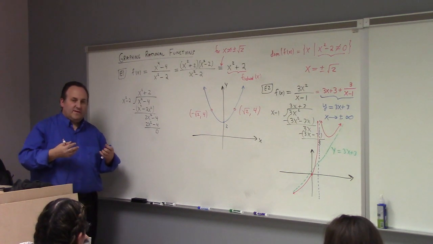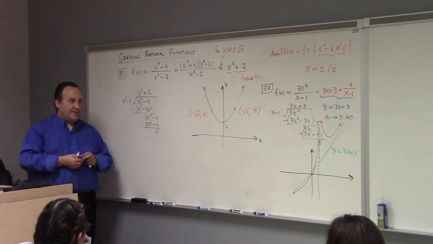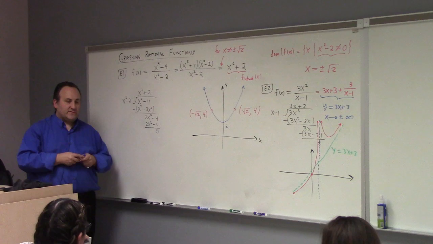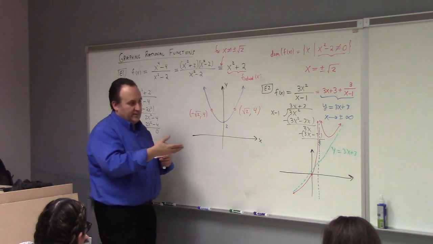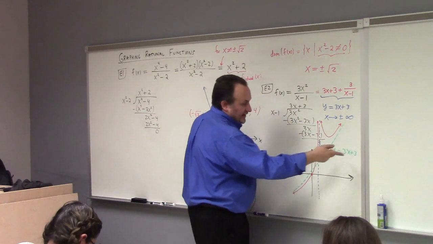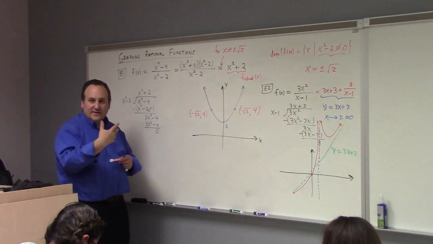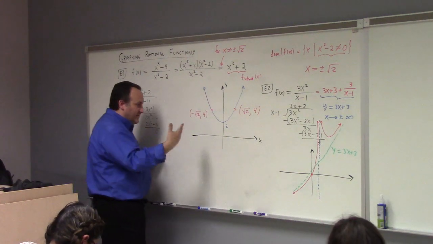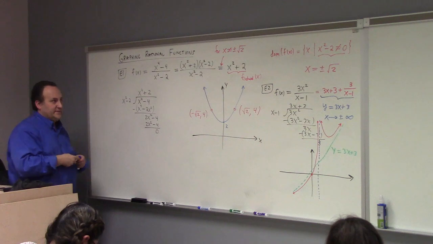And then also the graph has to get sucked into the asymptote when x goes to plus or minus infinity. For this one, the asymptote is actually the green line, y equals 3x plus 3, right? For the previous one, it's kind of stupid. We were just graphing the asymptote, essentially. The asymptote is the parabola in this context, actually.